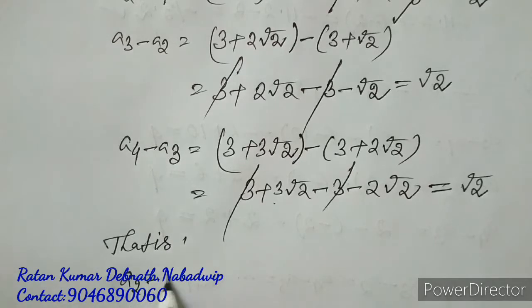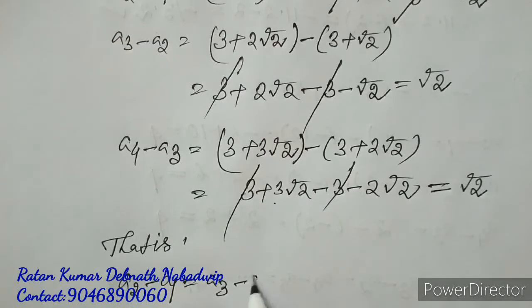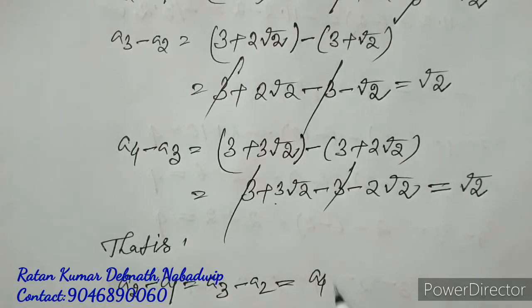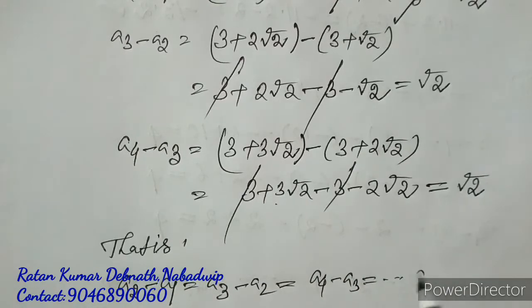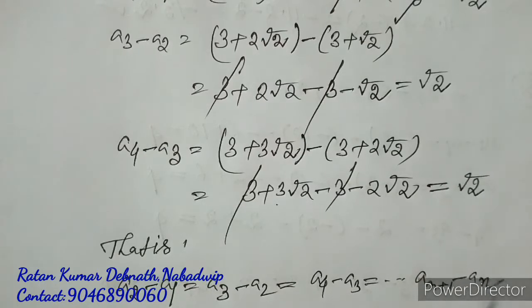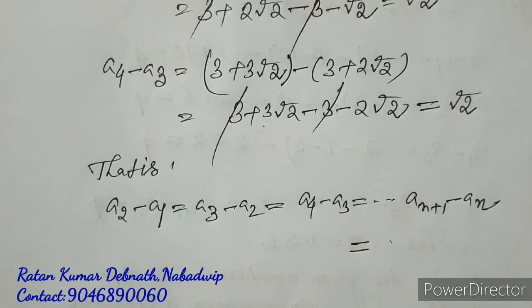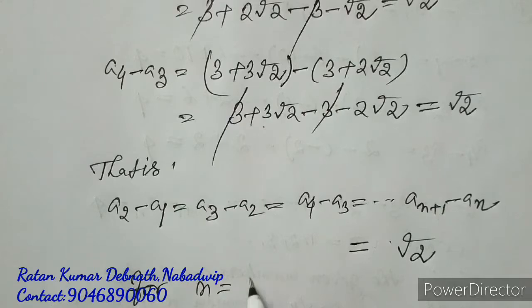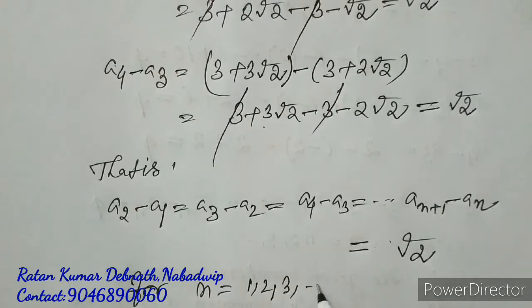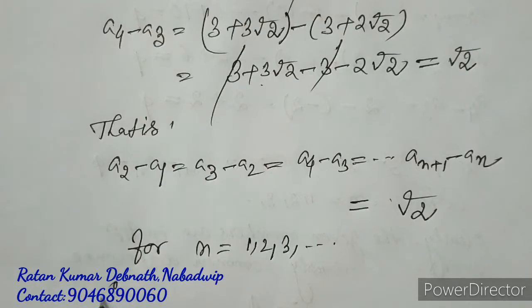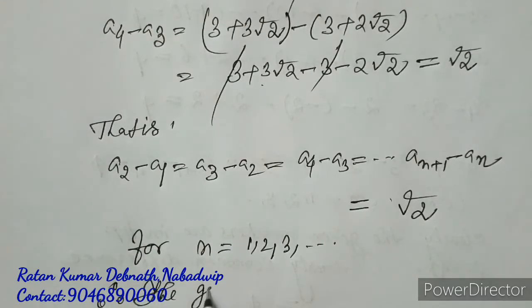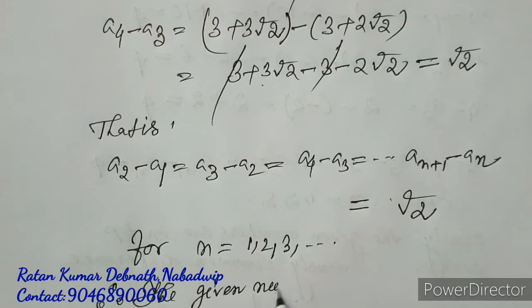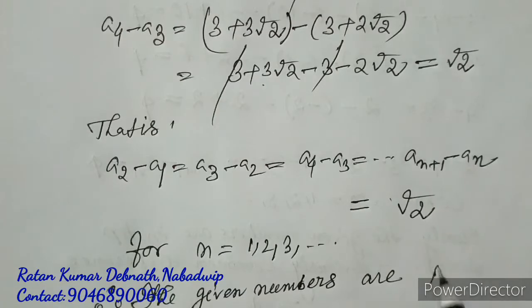That is, a2 minus a1 equals a3 minus a2 equals a4 minus a3, a(n+1) minus a(n) equals root 2 for n equals 1, 2, 3, etc. Therefore, the given numbers are in AP.